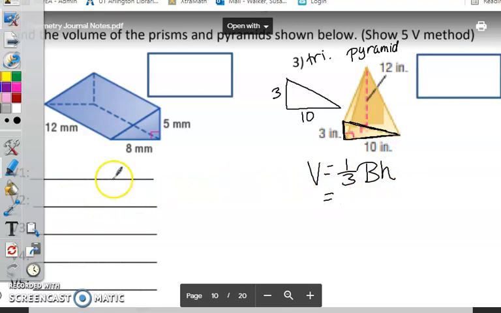Then, again, we put shape of the base. Shape of the base for big B. It is a triangle. 1/3 triangle.